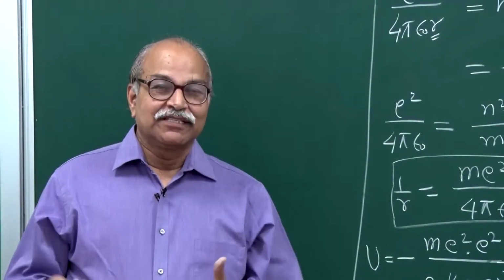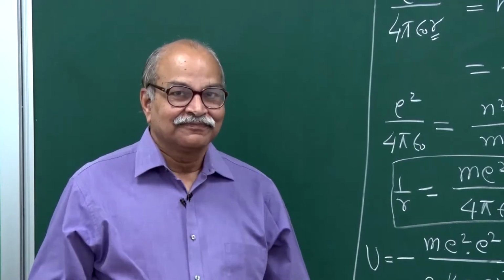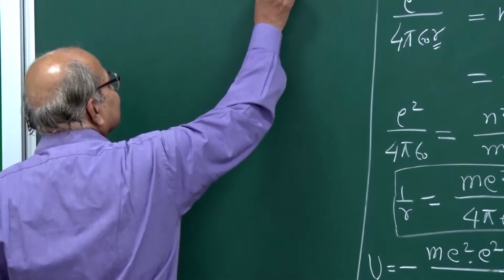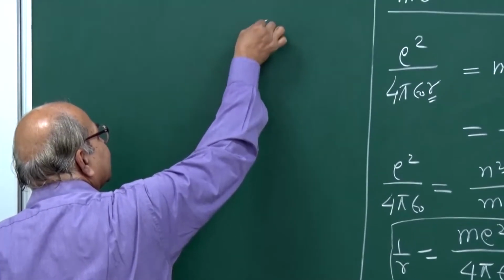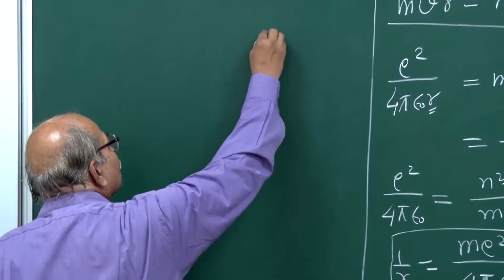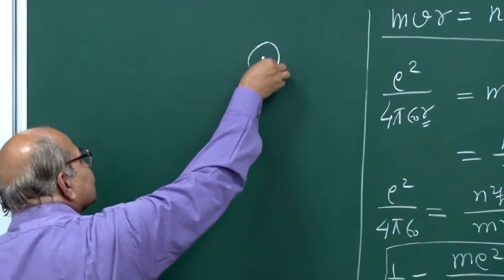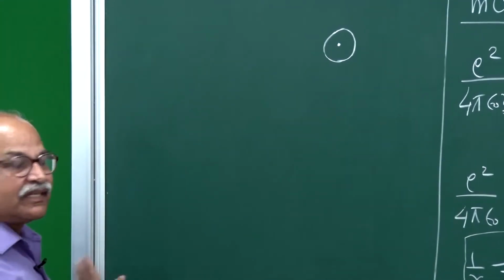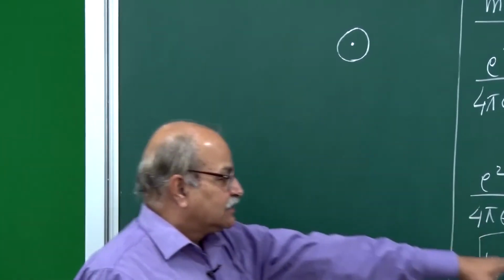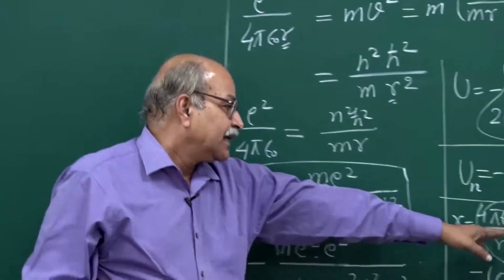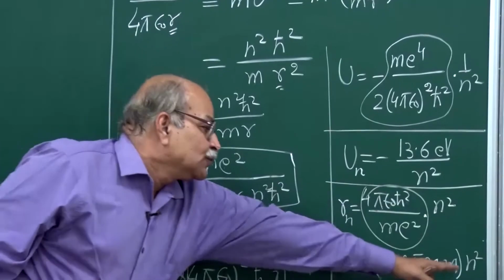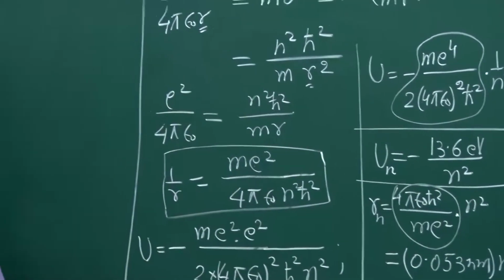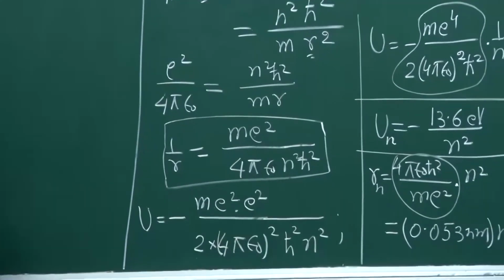So how do I picture this hydrogen atom? The picture is, the proton is here, and then there are certain allowed orbits. This is the smallest radius. N equal to 1 in this expression gives you the smallest radius, and that radius is 0.053 nanometers.